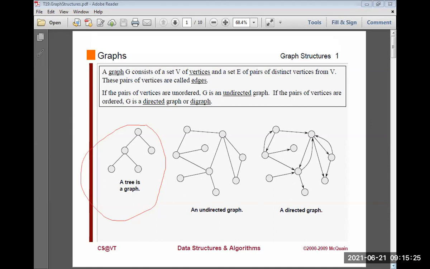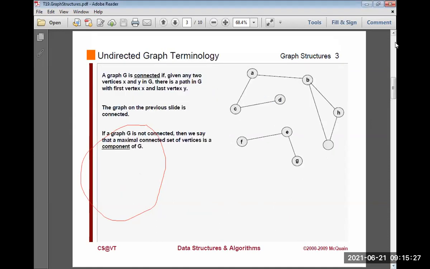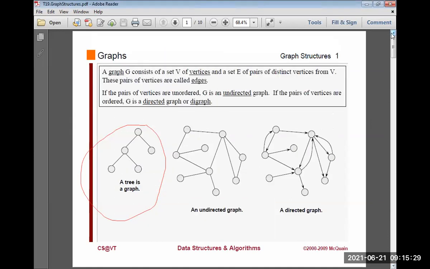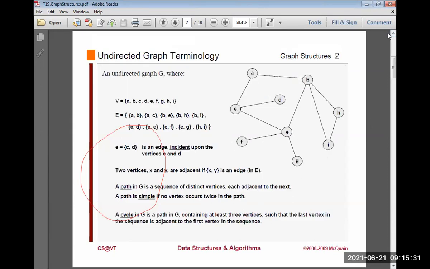Now coming to the next, what is undirected graph terminology? See here, what are the vertices here? V equals A, B, C, D, E, F, G, H, I, J. These are the vertices. And what are the edges?